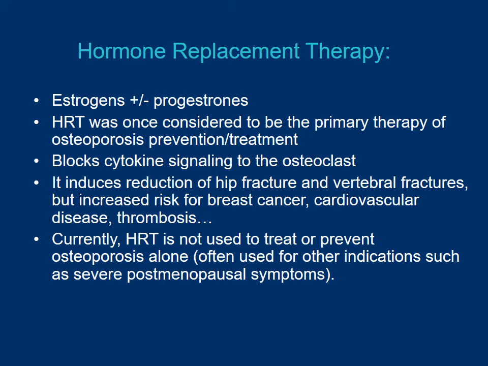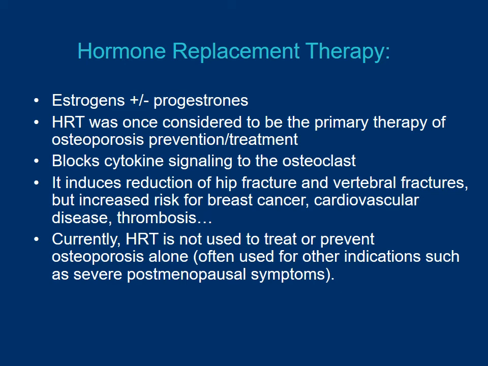Hormone replacement therapy, like estrogen without progesterone, was once considered to be the primary therapy for osteoporosis prevention and treatment. It blocks cytokine signaling to the osteoclast, and it induces reduction of hip fractures and vertebral fractures. However, the main side effects are increased risk of breast cancer, cardiovascular diseases, and thrombosis.